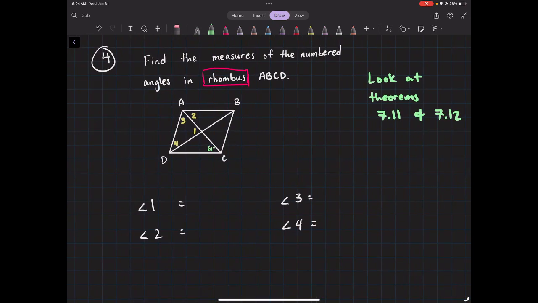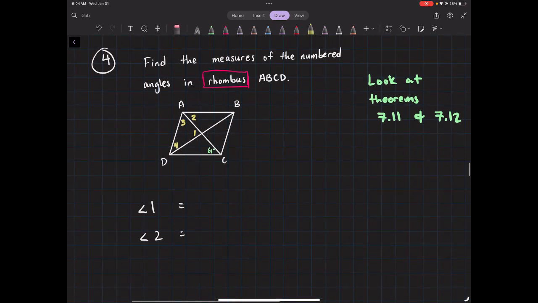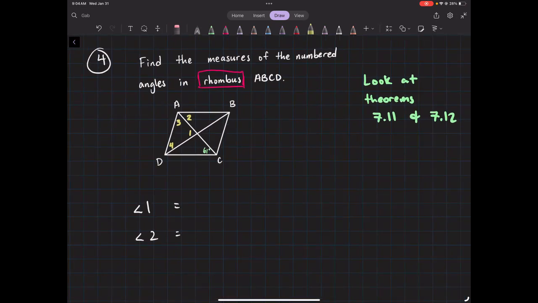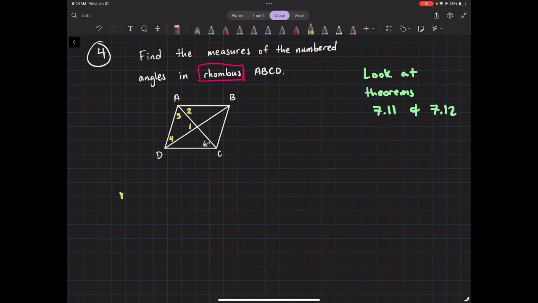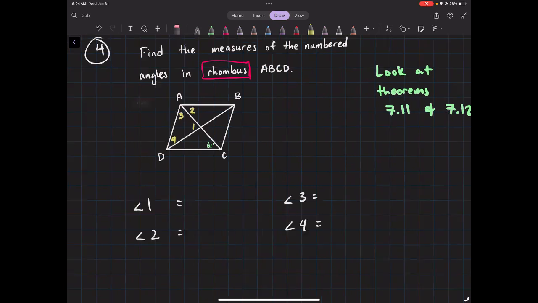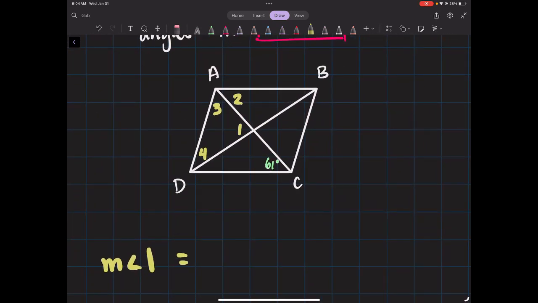Let me just space these out a little bit more so I can explain. So I'll look at angle 1 first. So measure angle 1, and if we're gonna look at theorem 7.11, and if you look at the picture that's there, you see that all the angles towards the middle, so all the angles like right here, they're going to be perpendicular to each other.